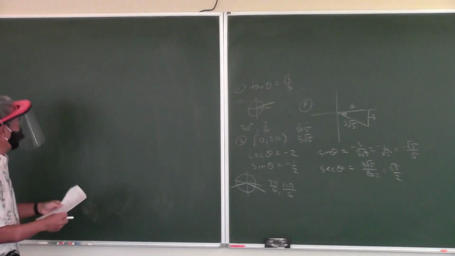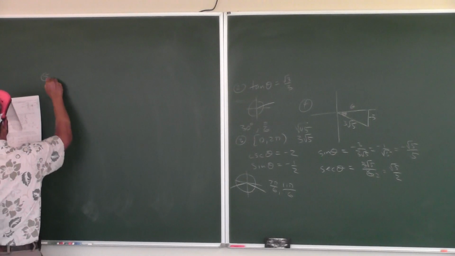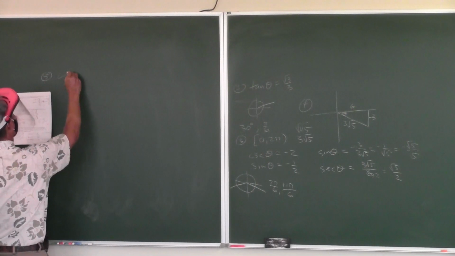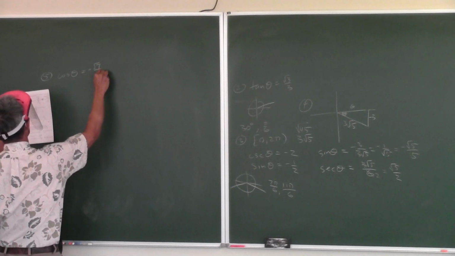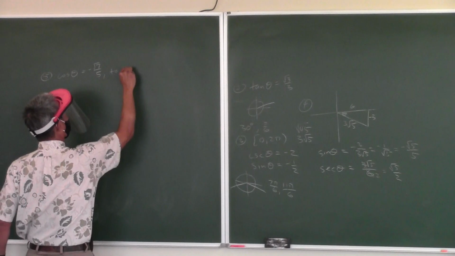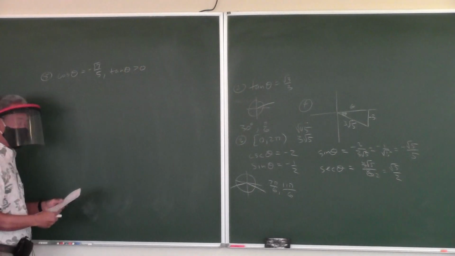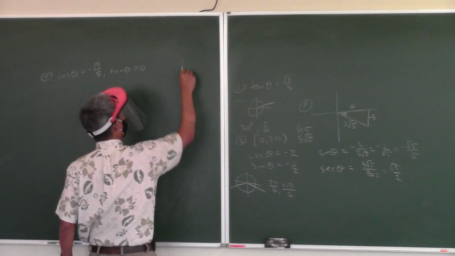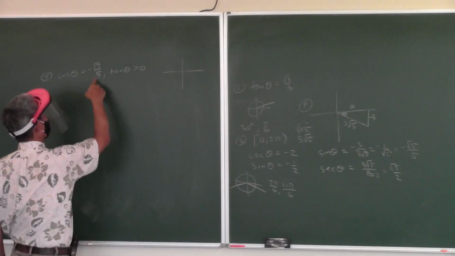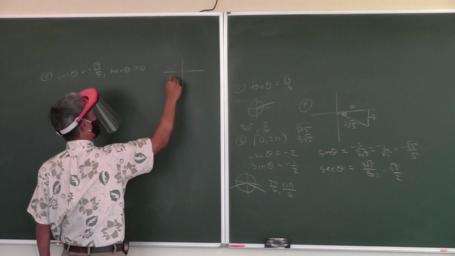Okay, next page, number 5. Same thing, you got 3 on this quiz. Cosine theta is equal to -7/5, and tangent theta is positive. So first thing you've got to do is figure out what quadrant you are in. Well, cosine is negative in the 2nd and 3rd quadrant, right?